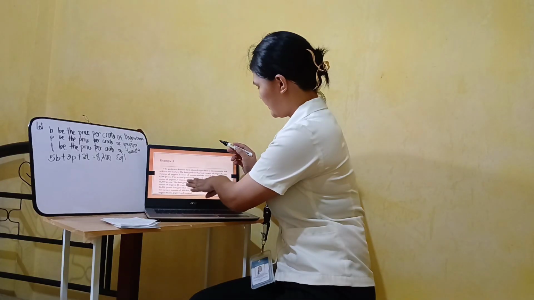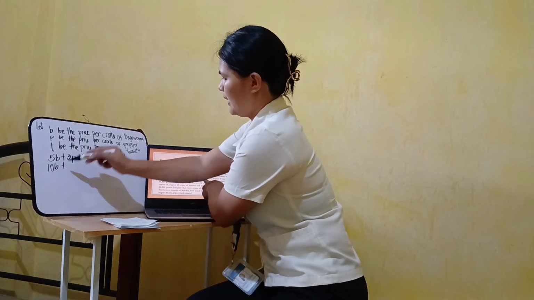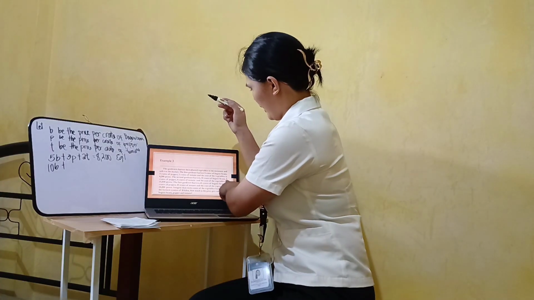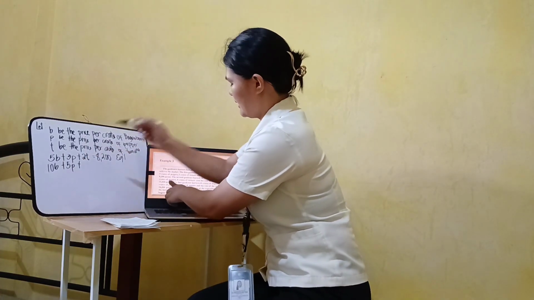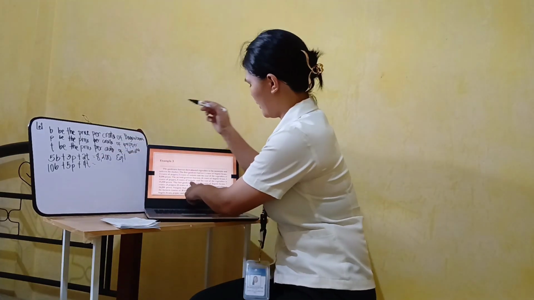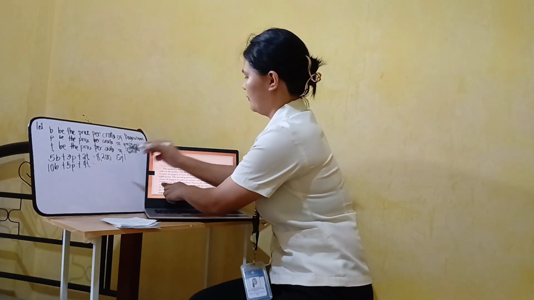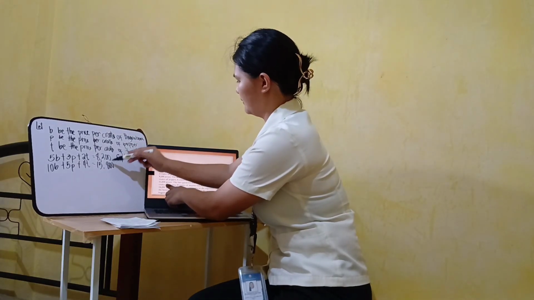Equation 1 and our equation 2 is the second gardener harvests 10B plus 5P plus 4T is equal to 15,800.